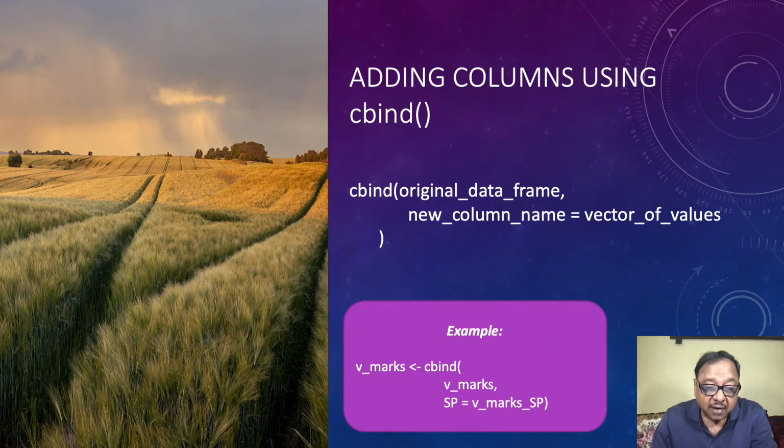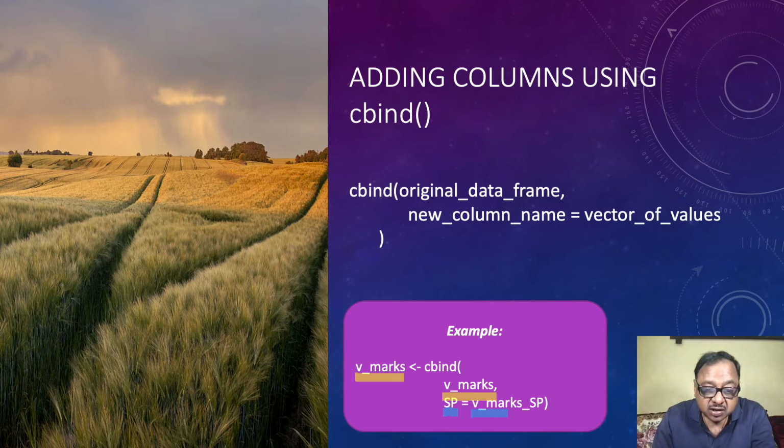So we have our data frame called v_marks. To this data frame we will add a column. So we have to give to the cbind, the first parameter is v_marks, that is the original data frame. Then we will say that we want to add a column called sp. Let's say sp is the marks in Shiny programming. So we will say sp equals a vector.